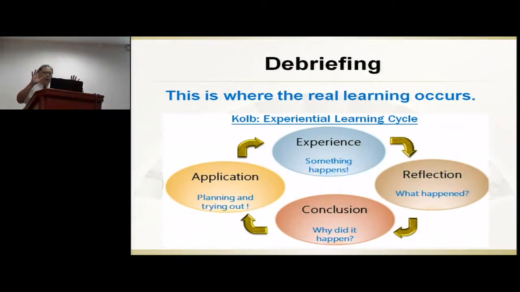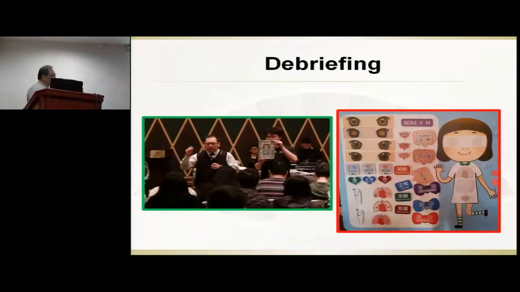The observer can observe what the resident did well or what the resident did not do right. So they can discuss with each other. Okay, so this makes not just the resident learn, but also the observer builds up his thinking process by using this learning cycle.